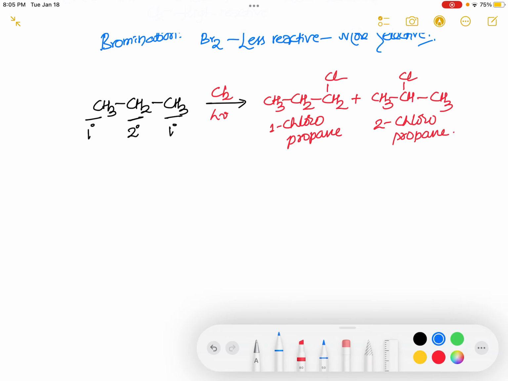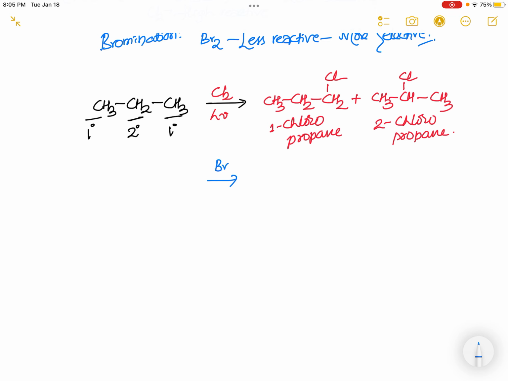If you are taking bromination here, CH3, CH, CH3, Br. This is the major one. You don't expect the minor, that may be less than 1%, so there is no need to write it. Bromination means you just write this one, that's enough.